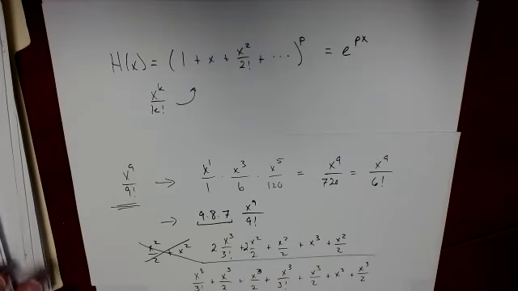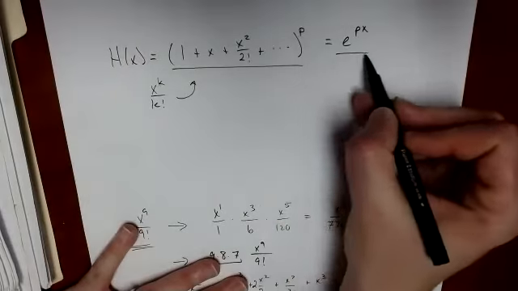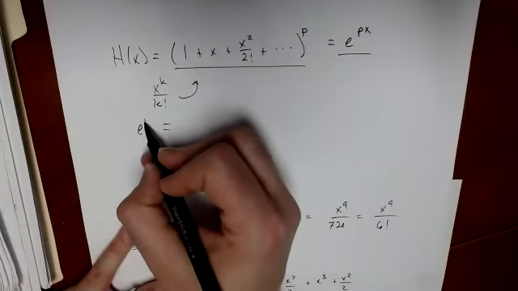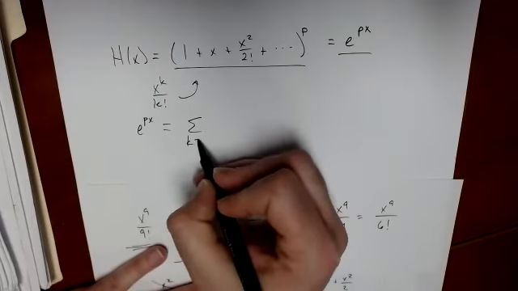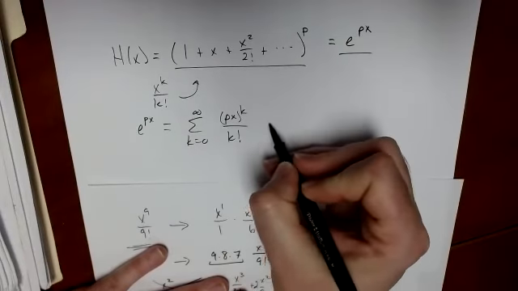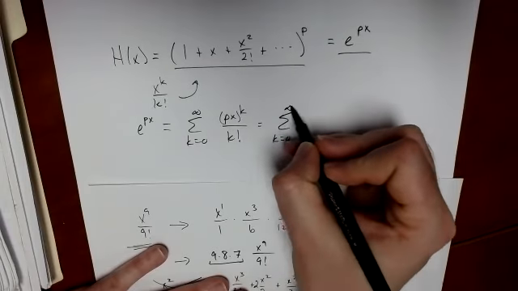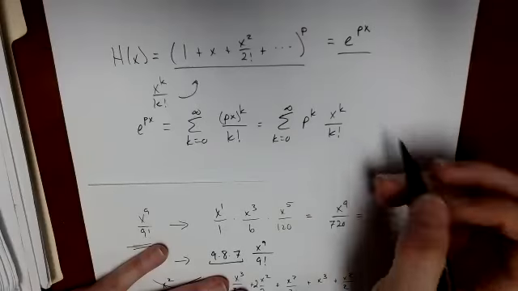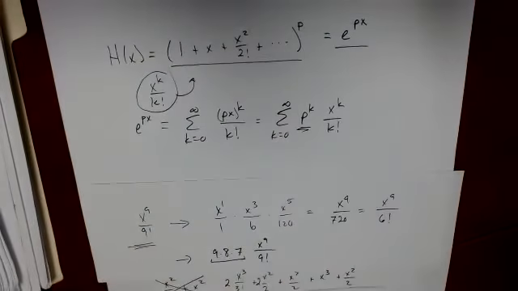Find a_k explicitly by using exponential generating functions. Well, that's equal to e to the px. We have another way of writing e to the px. We can write e to the px as the sum, as k goes from 0 to infinity, of (px) to the k over k factorial, which means that this is the sum, as k goes from 0 to infinity, of p to the k, x to the k over k factorial. And so the coefficient of this is p to the k.